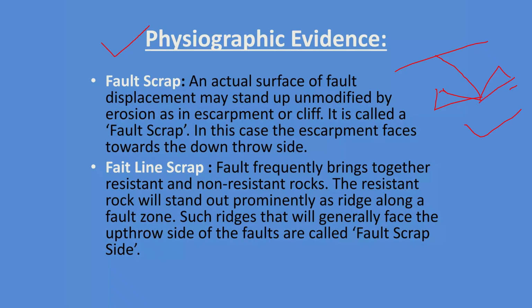It is a triangular-shaped surface which you can see, and that indicates that there is an abrupt end of the topography or the geology. So this is your indication of a fault scarp, and the fault line scarp is the same thing. If there is any small ridge or small depression like this, you can say that this is a fault line scarp.